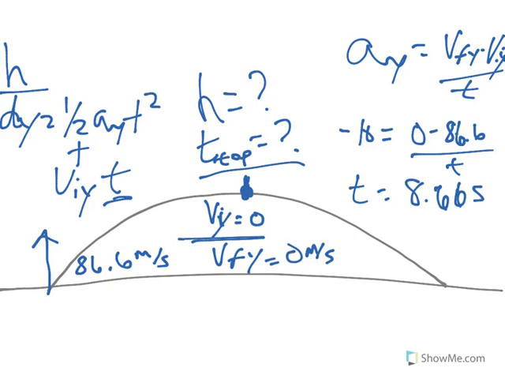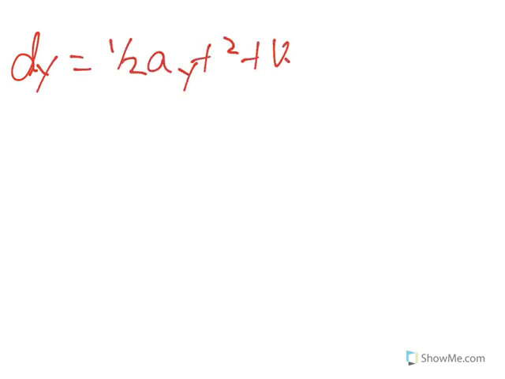Well, now we have a time to the top, though. So this is time to the top, and we're going to plug that in over here. Okay, so let me bring a new page in. So we're going to use dy equals 1/2 ay t squared plus viyt. So the question here is, what is the initial velocity in the y in this case? It's not 0, right?